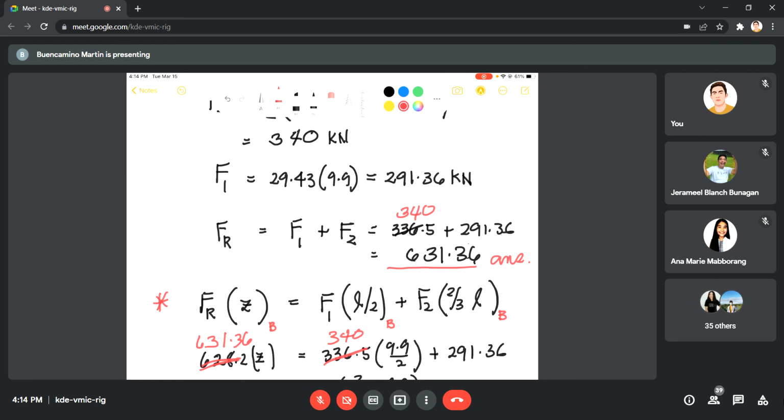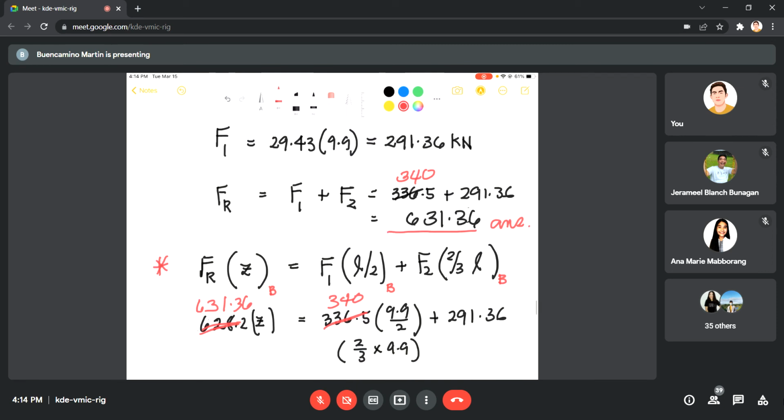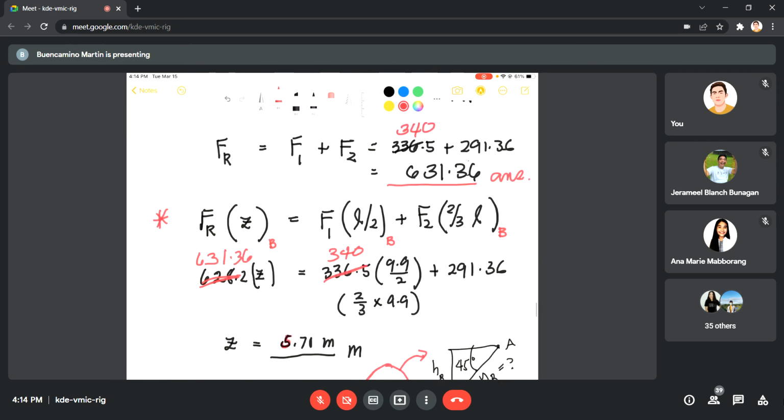Yan yung moment niya hanggang doon sa B. Plus F2, 2/3 of L, moment din niya hanggang sa B. So, lahat yan, nag-moment tayo sa B. And so, to solve for Z, mali na yung Z natin dito. Z ang isosolve niyan.